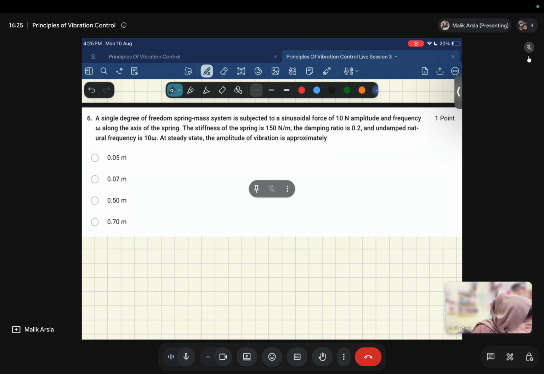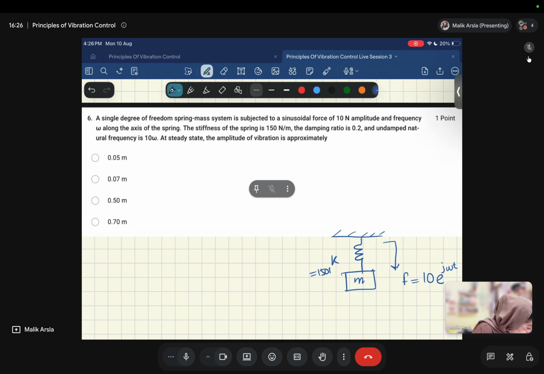So we have a spring, we have a mass, and we have a sinusoidal force equal to 10 e to the power j omega t. The spring stiffness is 150 Newton per meter. This is given. And the undamped natural frequency is given as 10 omega.